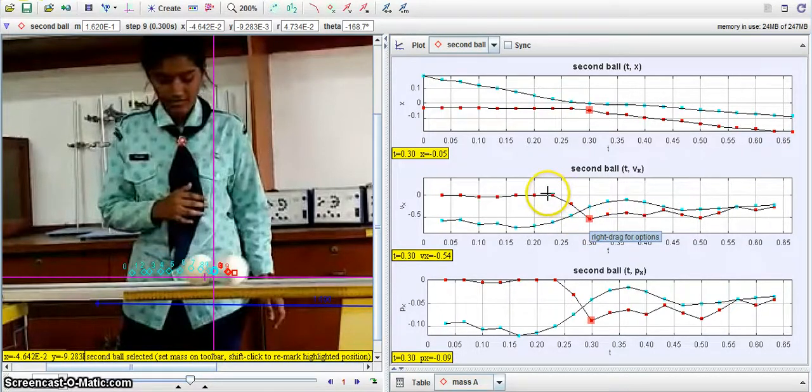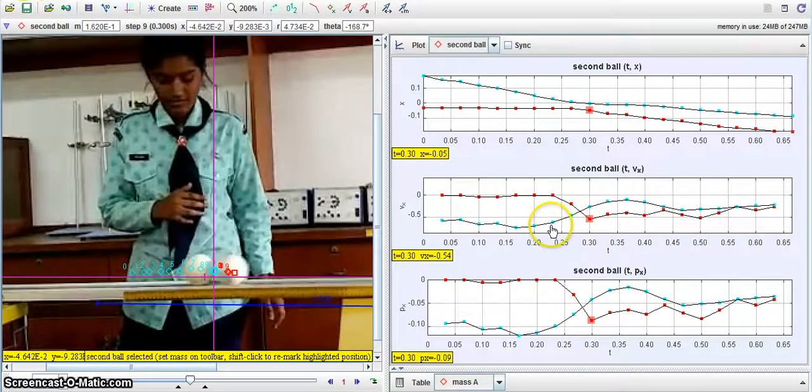So here is what we call as initial momentum of the second ball, and this is the final velocity, and of course we can find the final momentum for the second ball.